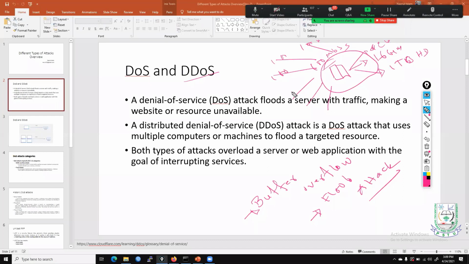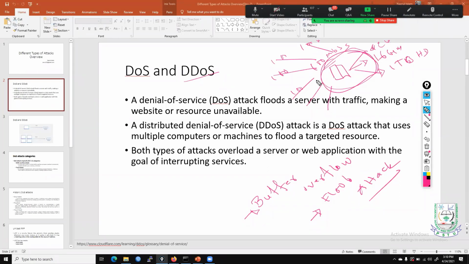So when more than 1,000 requests or attacks come in from their network, then the capacity of the targeted network is overloaded. Then the normal service will be hampered. So that's actually the denial of service.